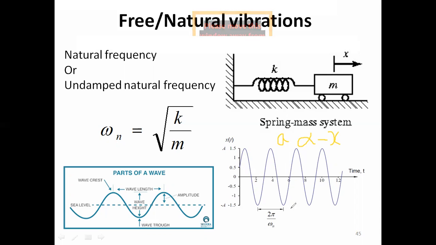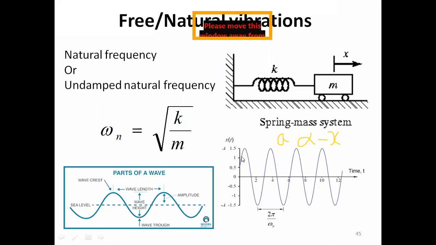This would be the plot of the sinusoidal motion or sinusoidal vibration. X of t is the displacement of this mass with respect to time. So this is the time response of this system.